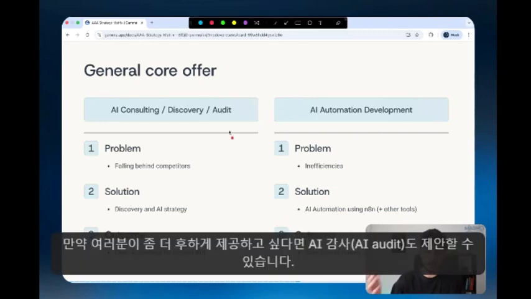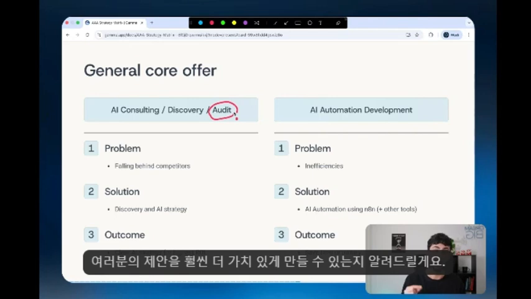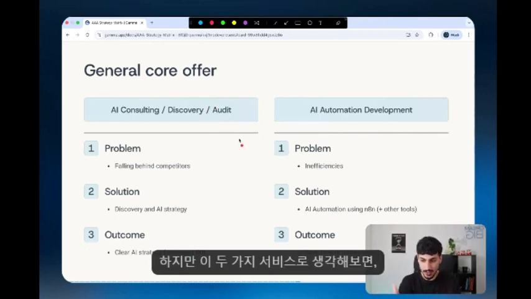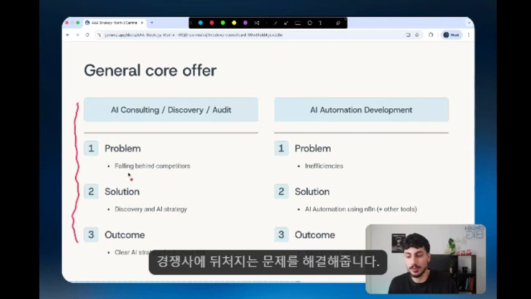Now, if you're feeling really generous, you can also offer an AI audit. And I'll tell you guys how you can use AI audits to your advantage to make your offer super valuable pretty soon. But if we think about it in terms of these two services, the left-hand service, which is the consulting and discovery, is solving the problem of falling behind from your competitors.